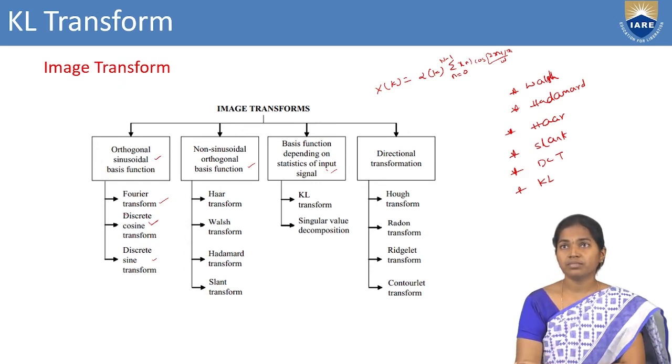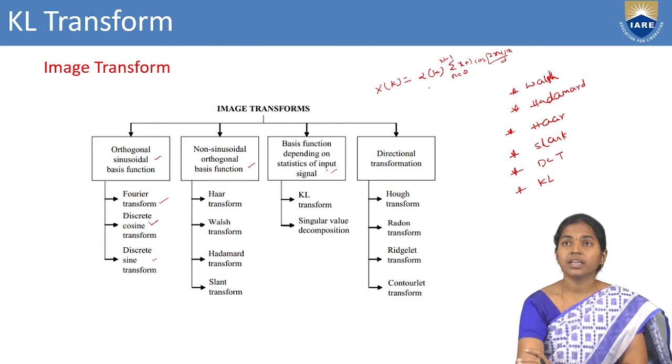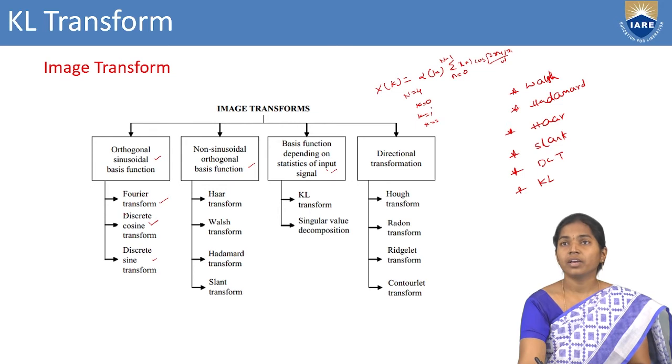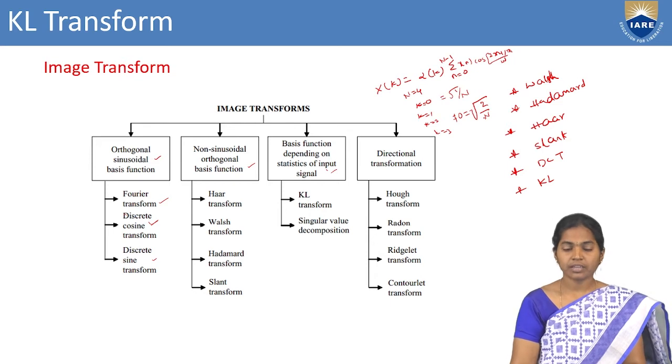We consider k equals 0, 1, 2, and so on; depending on the length, if N equals 4, we use k values 0, 1, 2, 3. If k equals 0, we consider the square root of 1 by N. If k is not equal to 0, we consider the square root of 2 by N.